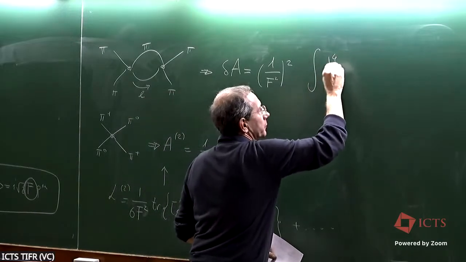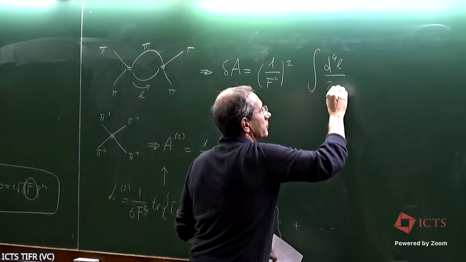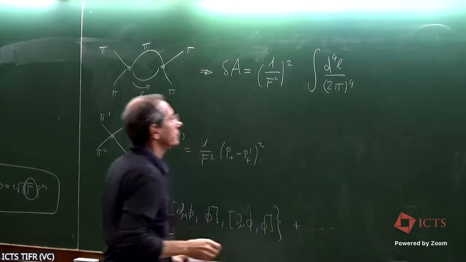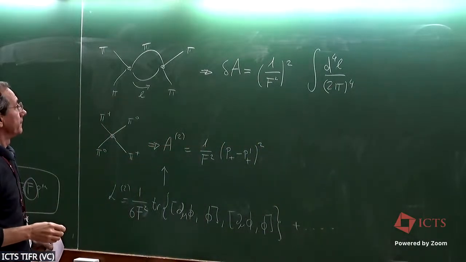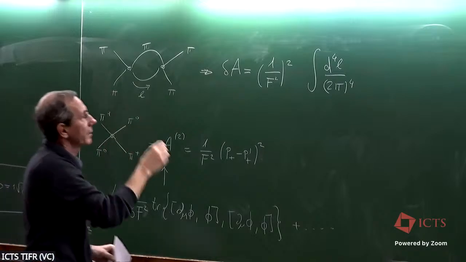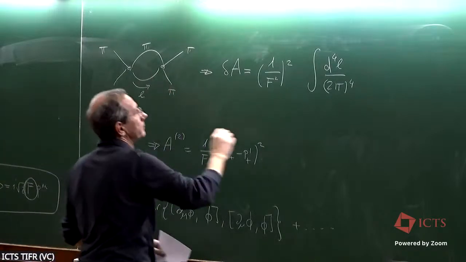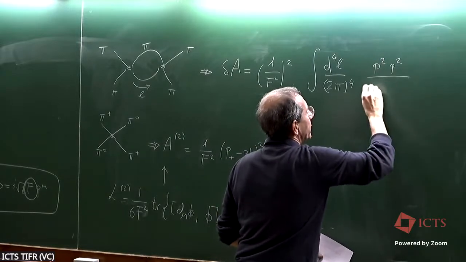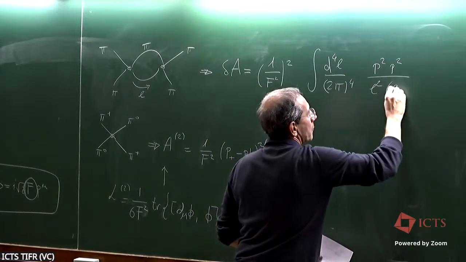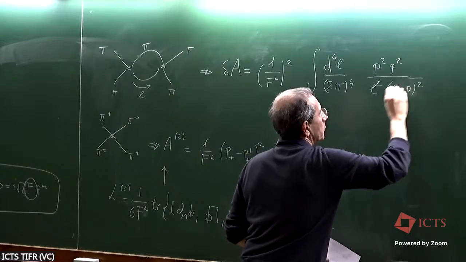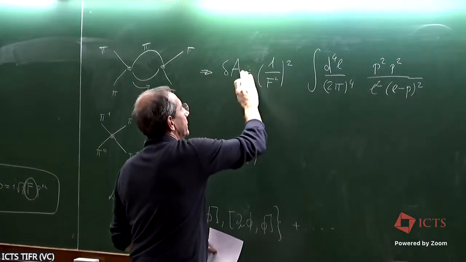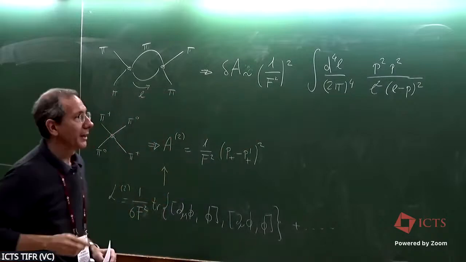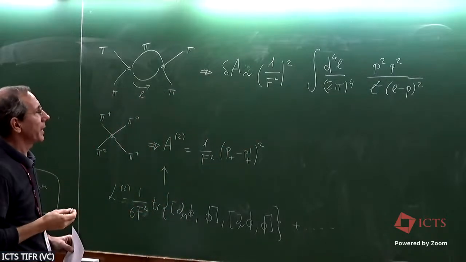Let's do it for the moment in 4 dimension. And there are the momenta coming from the two vertex. I put here very naively, and then there are the propagators. Really it's just a sketch. I just want to understand how these behave in power of p.